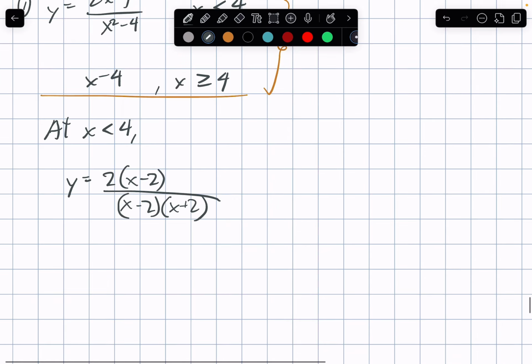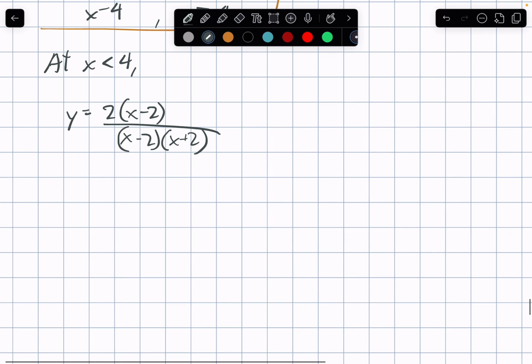So clearly we can cancel something. But before that though, we want to find the points of discontinuity first. So we copy exactly whatever is in the denominator before factoring anything, before cancelling anything. We equate it to 0, and then we solve for x.